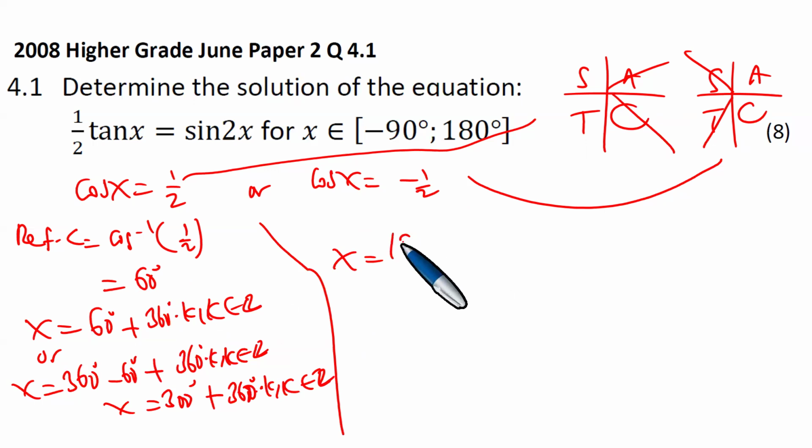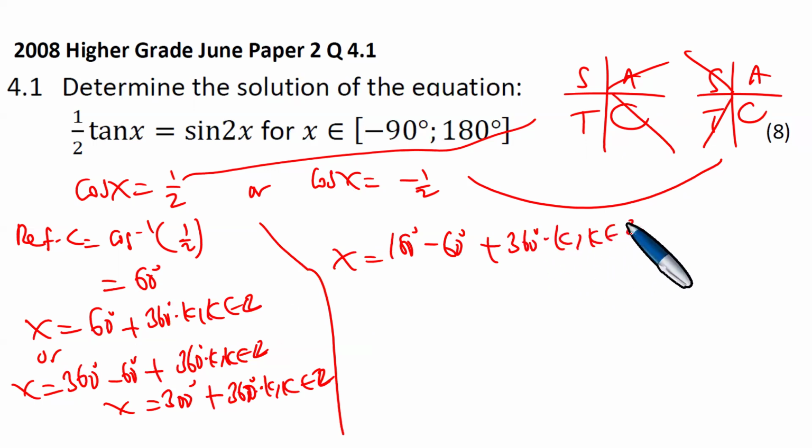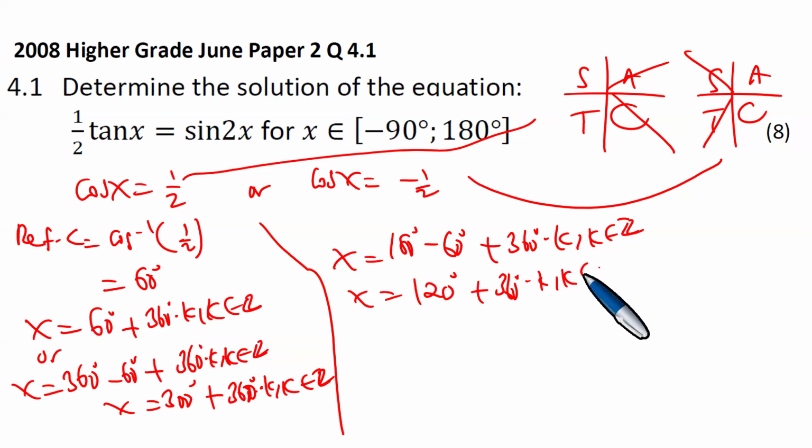So this is going to be 180 degrees minus 60, because it's minus the reference angle to get to the second quadrant, but the period of the cosine is 360 degrees by k in z. Which means x is now 180 minus 60, which is 120, plus 360 by k in z. Or x equals 180 degrees plus 60.